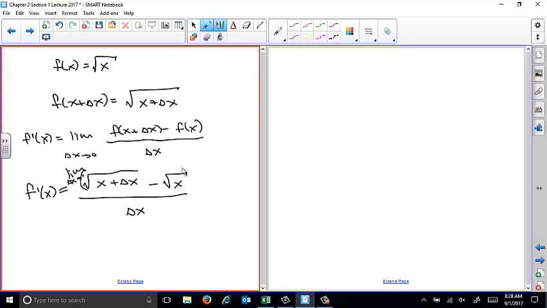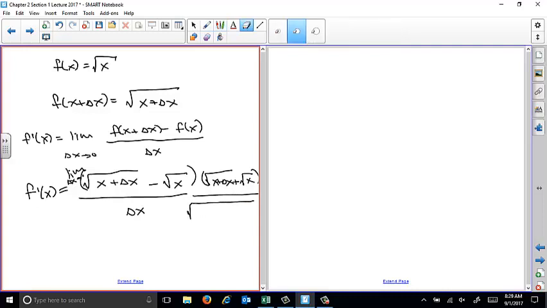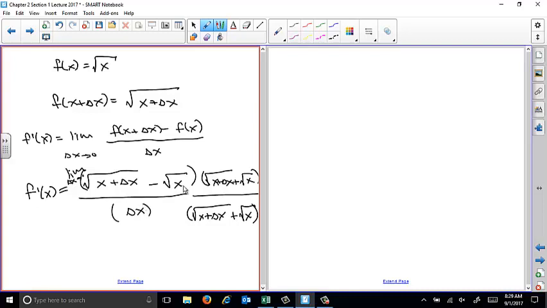We're going to multiply by the square root of x plus delta x plus the square root of x, and divide by the same quantity, which is the square root of x plus delta x plus the square root of x. So this is the problem child here. I changed the sign to plus. Multiply and divide by the same thing.